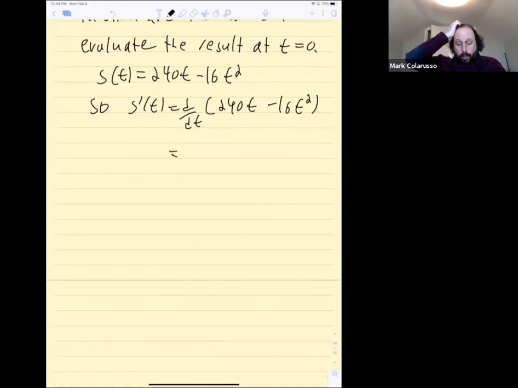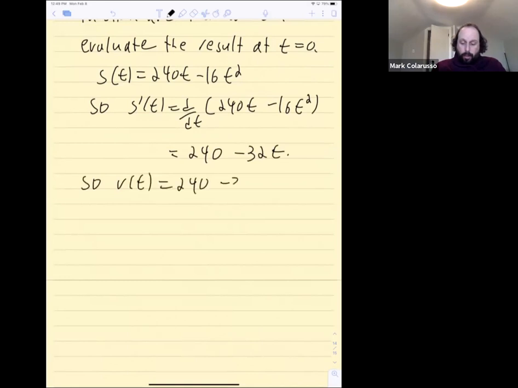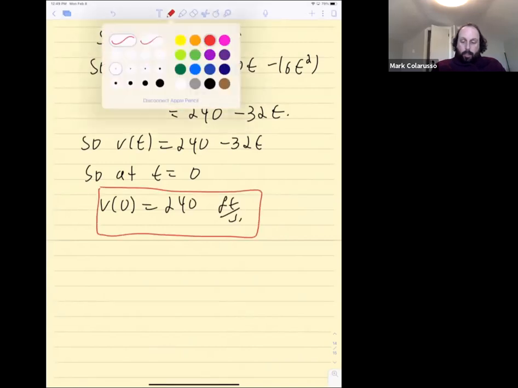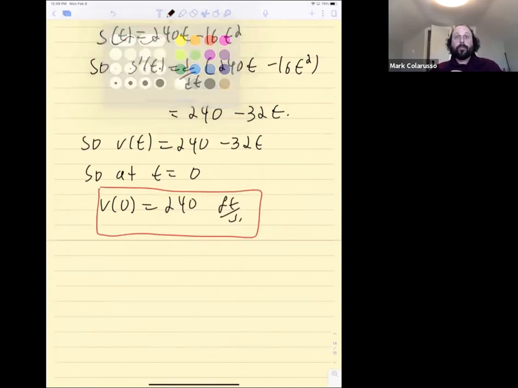And then again, just like power rule and sum rule, this is 240 minus 32t. So the velocity function is 240 minus 32t. So at t equals 0, the velocity at 0 is just 240 feet per second. Not too bad, not too shabby there.